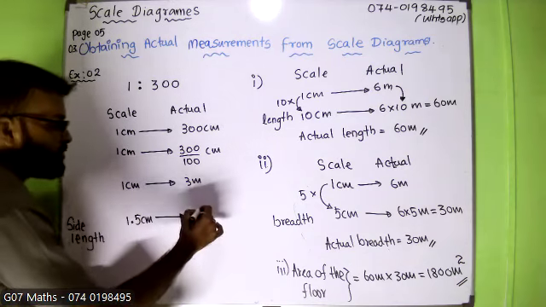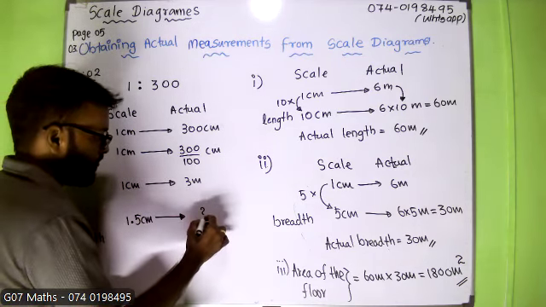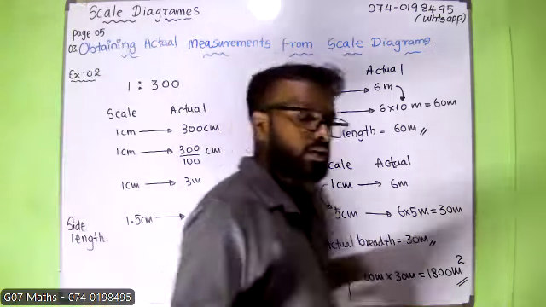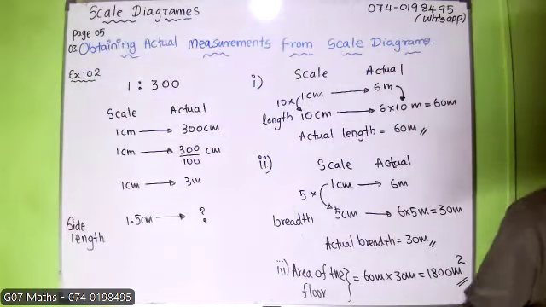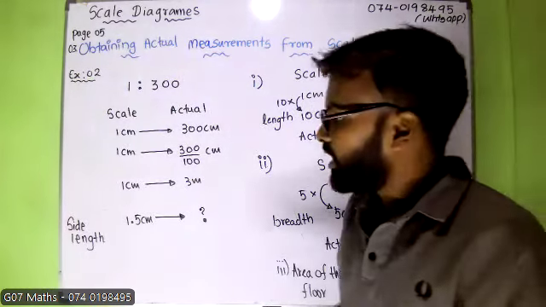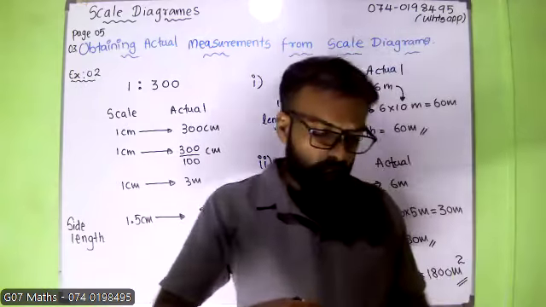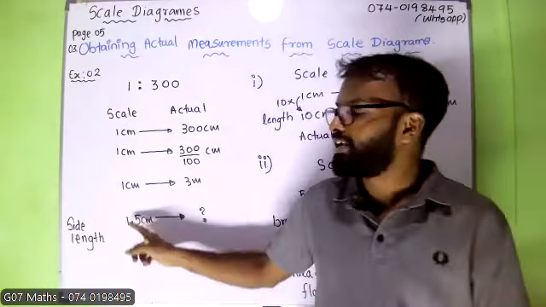So you have to find the actual length now. How do you find the actual length? How do you convert 1 into 1.5? Can anyone tell me? How do you convert 1 into 1.5?